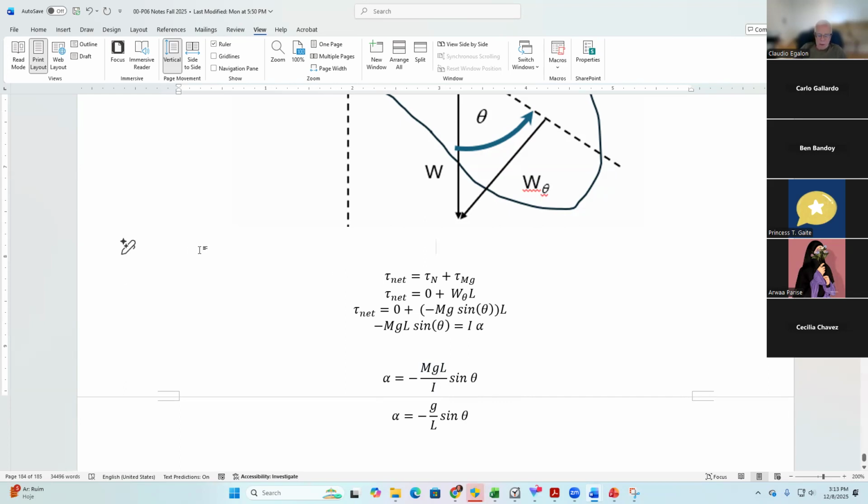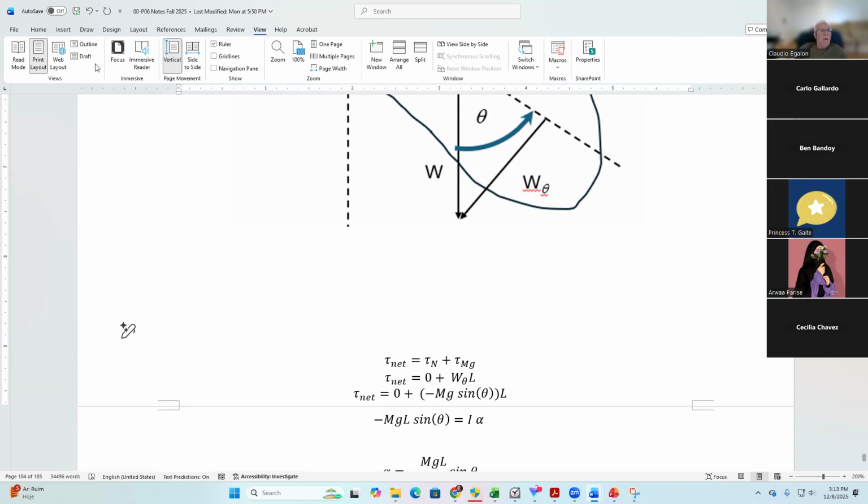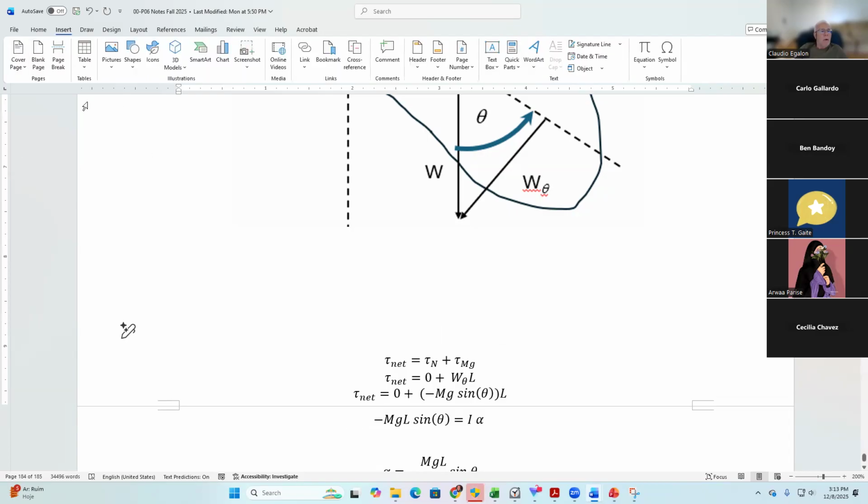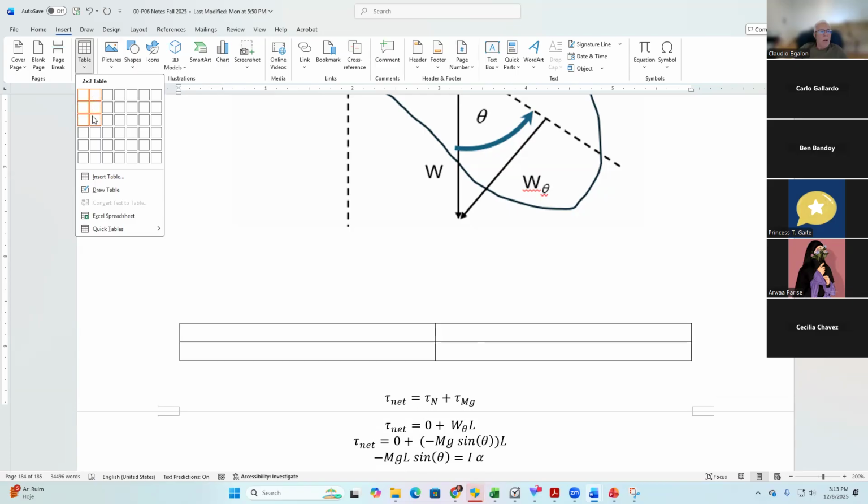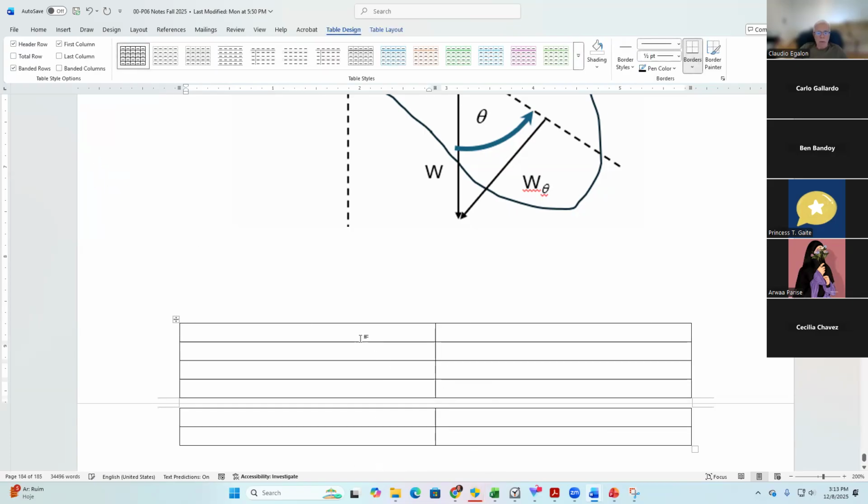And we're going to make a table here so you can compare the derivation for the point particle, the simple pendulum, and the physical pendulum.